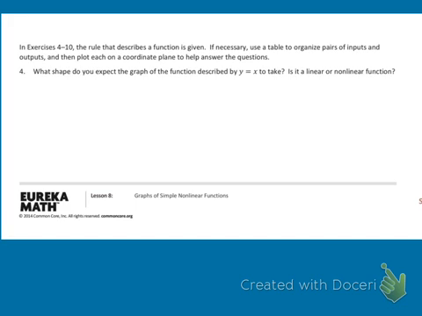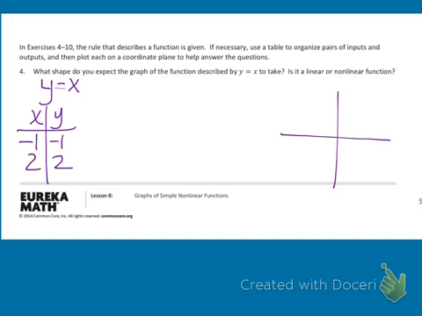All right, so for this first one, the function is y equals x. So I think that's a pretty simple xy table, right? Because whatever I put in for x, I get out for y. Nothing changes. And a quick sketch of that graph would just be, whoops, not that line. It would have to go right through the origin.